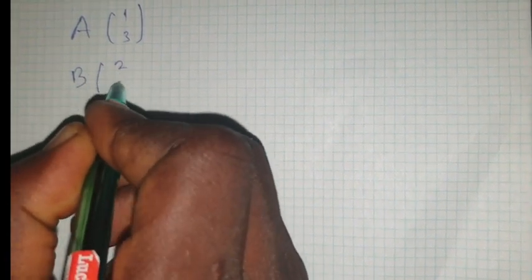The object given is triangle ABC. A is of coordinate 1, 3, then B is of coordinate 2, 1, and C is of coordinate 1, 1.